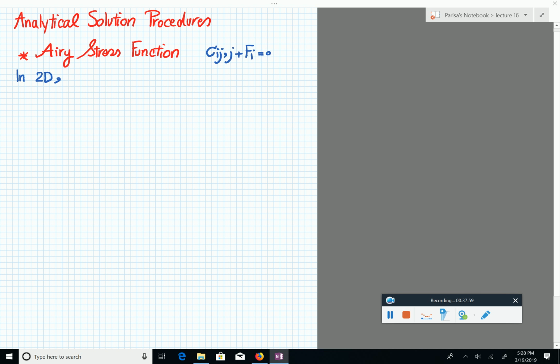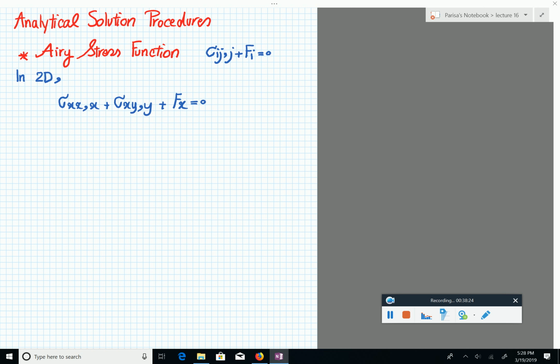So, if you want to write it in 2D, we only have x and y. So we have sigma xx, comma x. This doesn't end here, right? Then we have sigma xy, comma y, plus fx equal to 0.